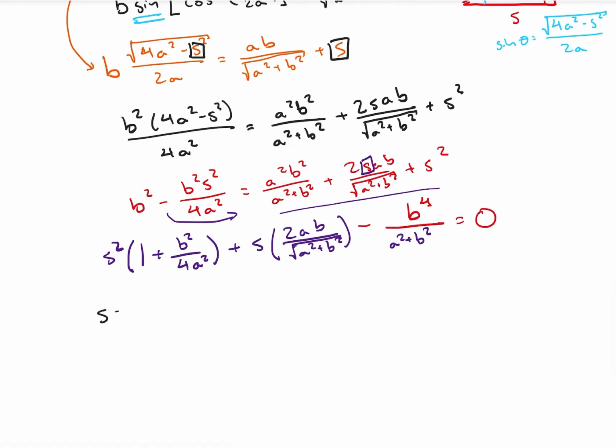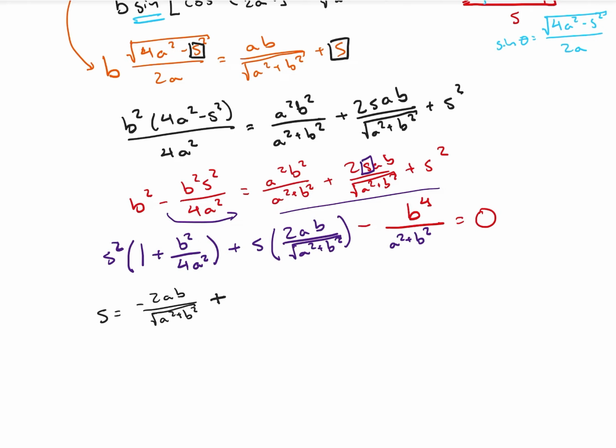So s is going to be equal to negative b, so negative 2ab over the square root of a squared plus b squared, plus or minus, so remember the s is a side length and this is already negative, so I better be adding something.